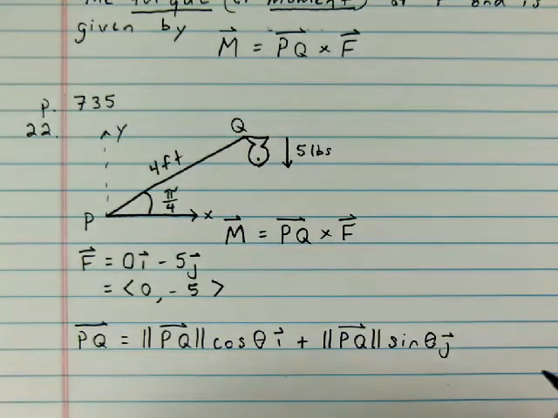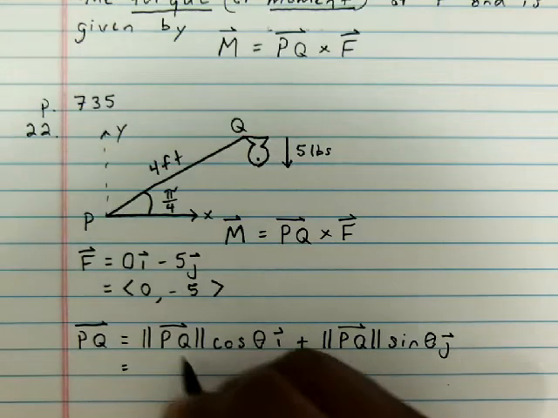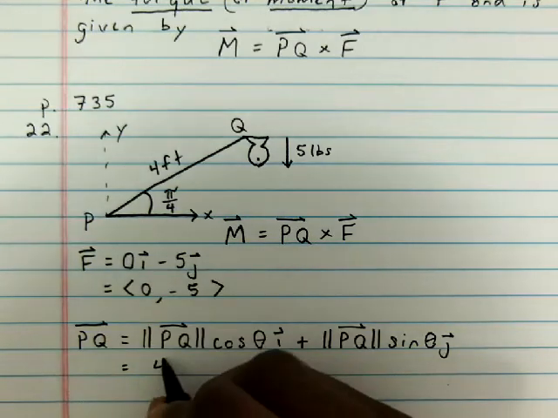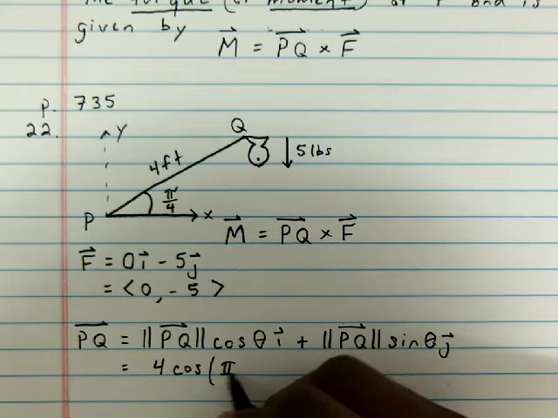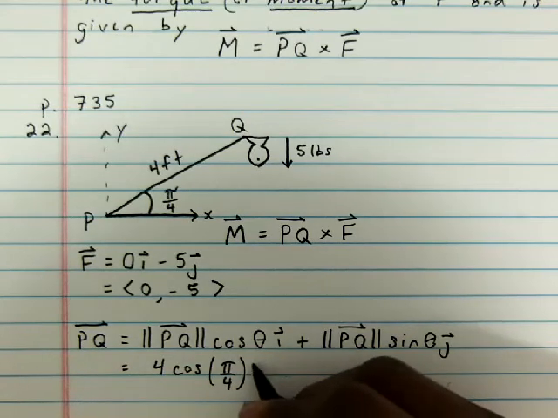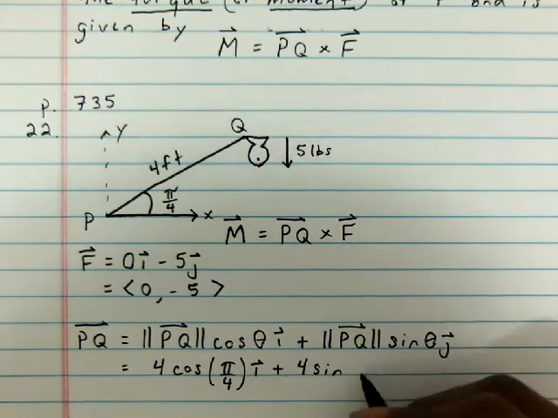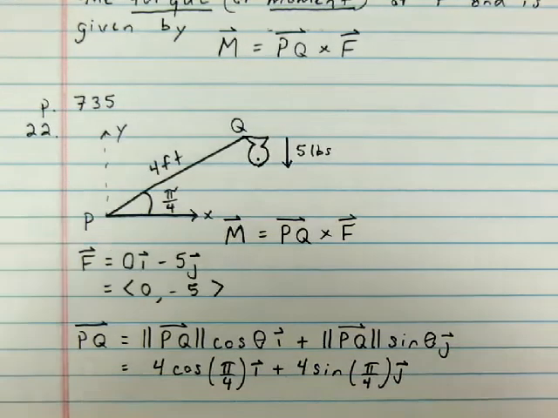So now with that, what we can do is put this information in here. We know that the length of the vector PQ is 4, and then cosine of pi over 4. So we get √2/2, and then 4 times sine of pi over 4. Don't forget your i and your j because we need a vector there.